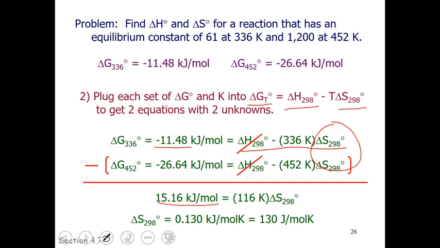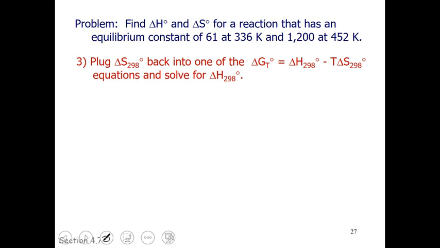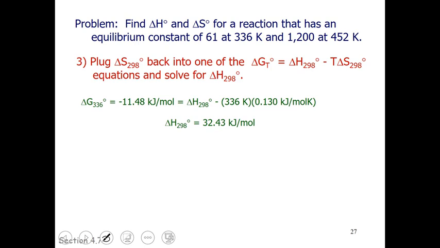Now I've solved for delta S naught. How do I solve for delta H naught? Well, I just need to plug that value in to one of my two equations. So I will use the delta G naught at 336 that I calculated before using the equilibrium constant and set it equal to delta H naught, which I do not know, minus 336 K and my value of delta S naught.